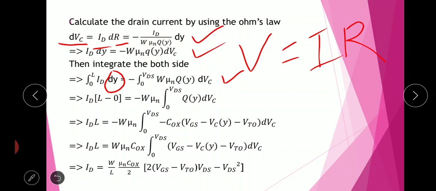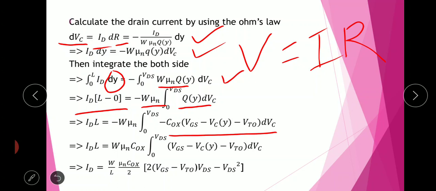W and mu n are constants, so we take them out, and here we integrate ID, as ID is constant, we take out that term, and L minus 0. Then we substitute the value of Q of y, then we write here the whole equation.